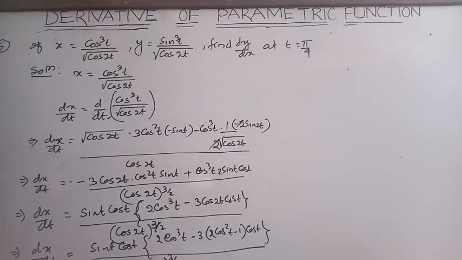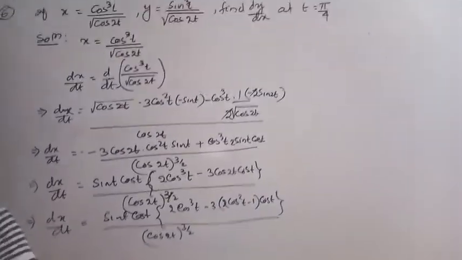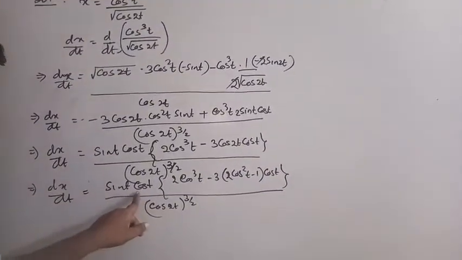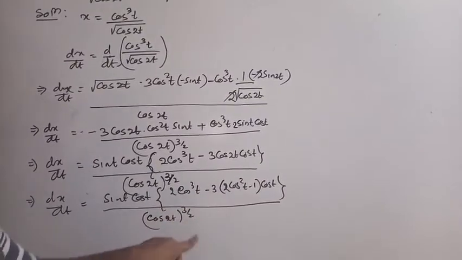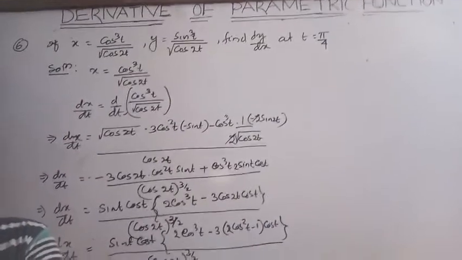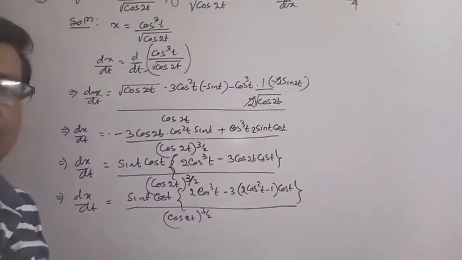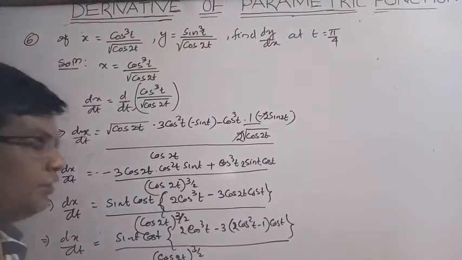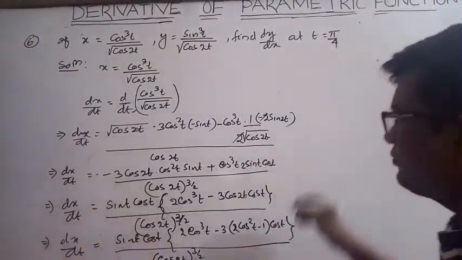Okay, this is sin t cos t, 2cos³t minus 3 into this, and multiply this. Now multiply this. What will be the result?